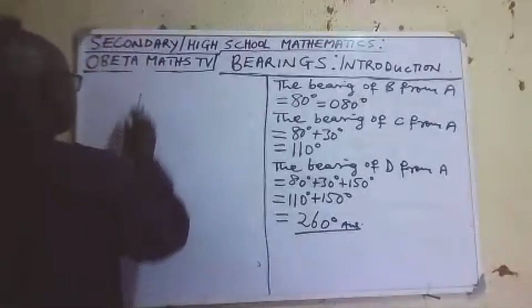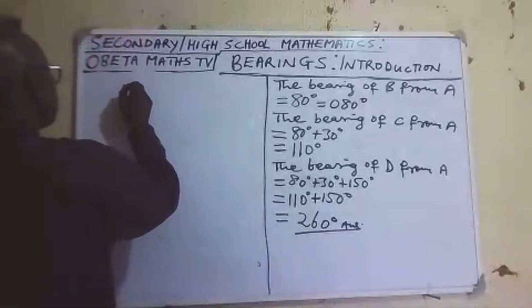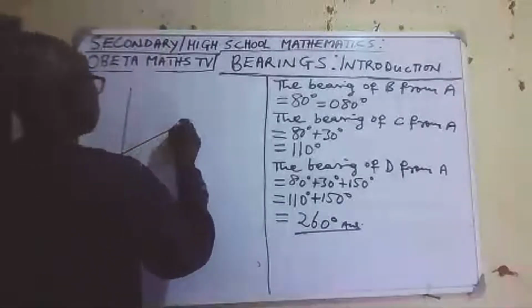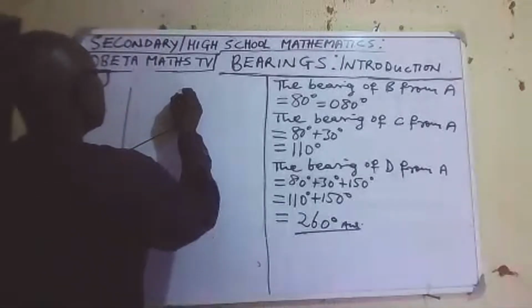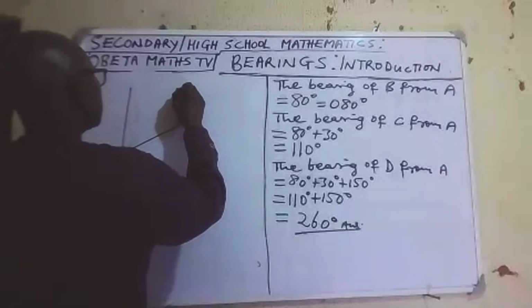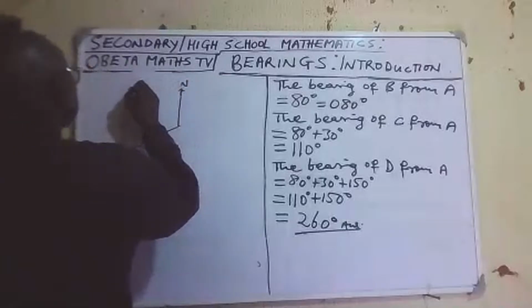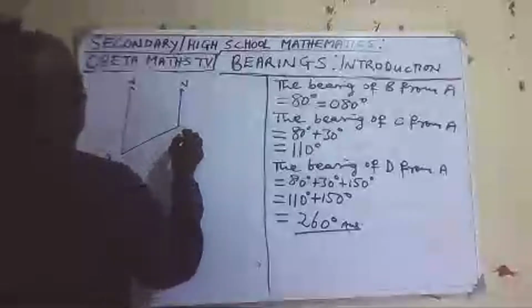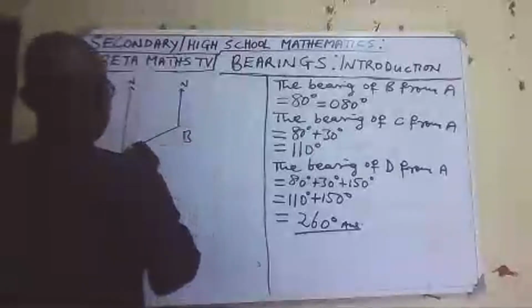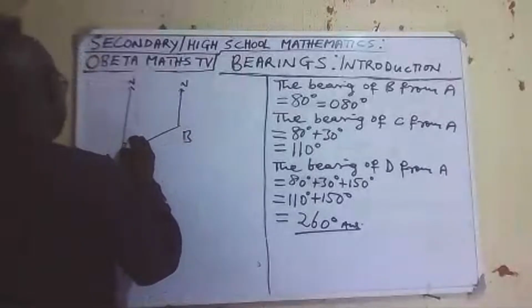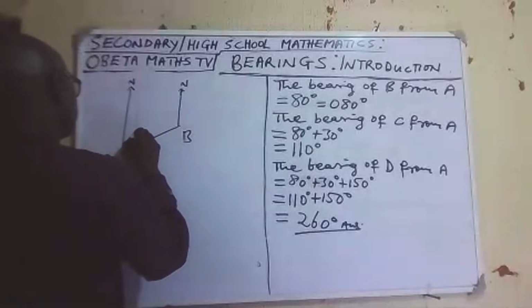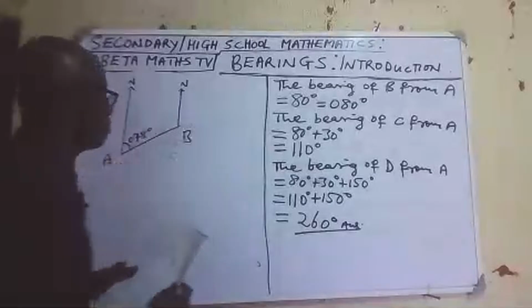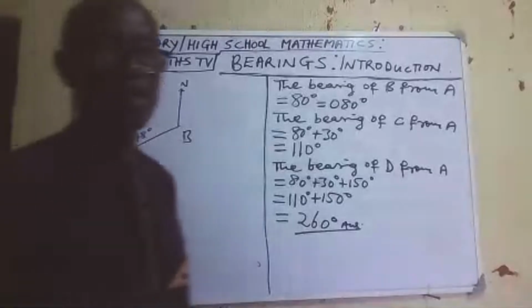We have north, and then this is A, B. Let's take this to be 78 degrees or 078 degrees. And we want to find the bearing of A from B or B from A.